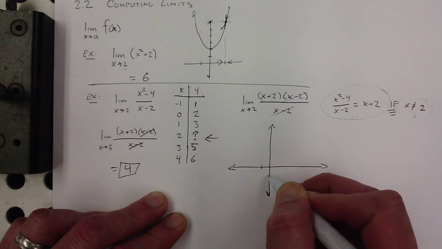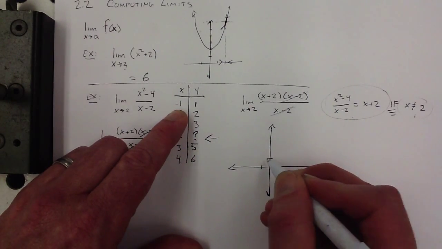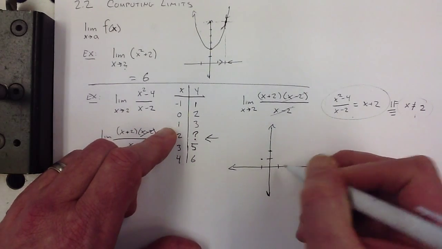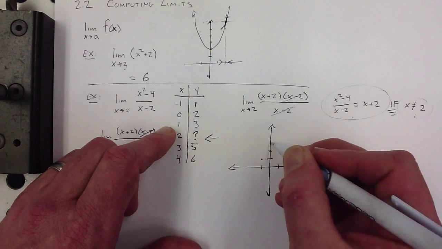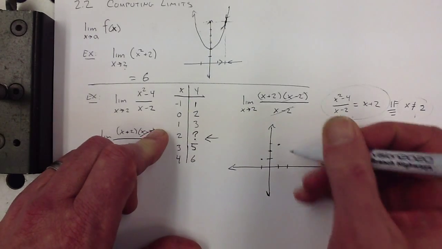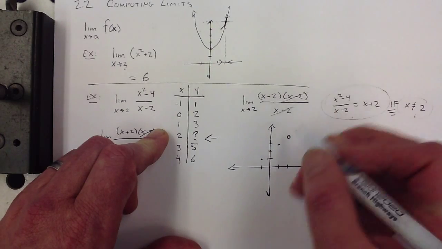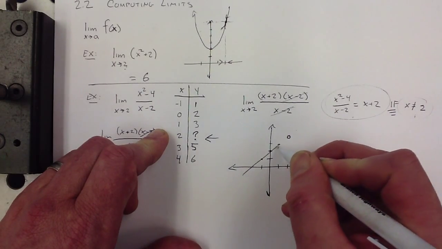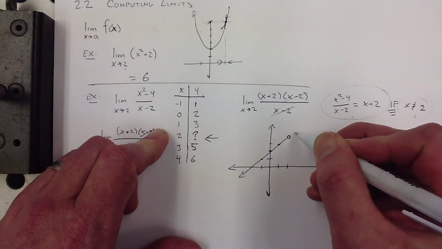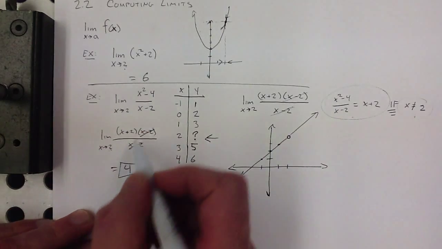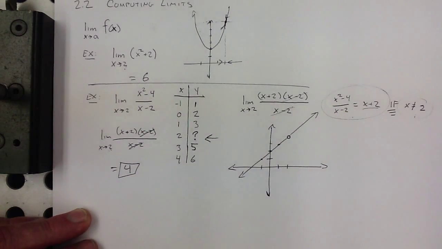So we have negative 1, 1; 0, 2; 1, 3; 2, question mark, and so on and so on. If we were to graph this, it is a straight line. What line is it? Well, it's the line y equals x plus 2, right?